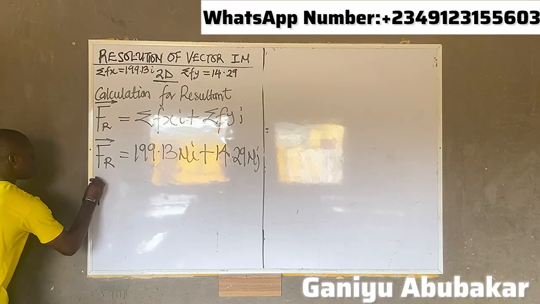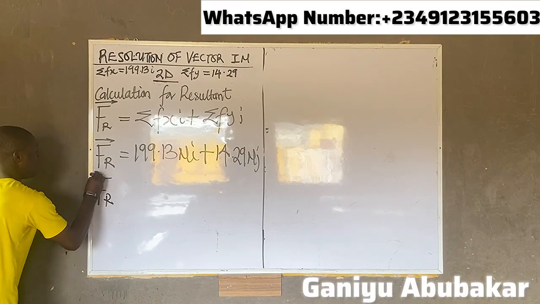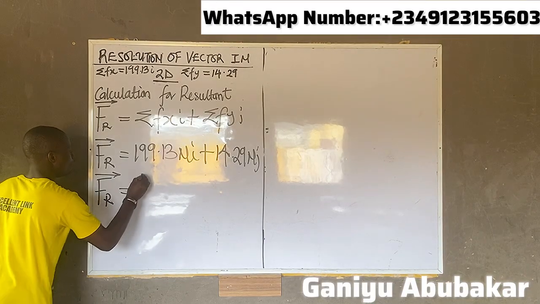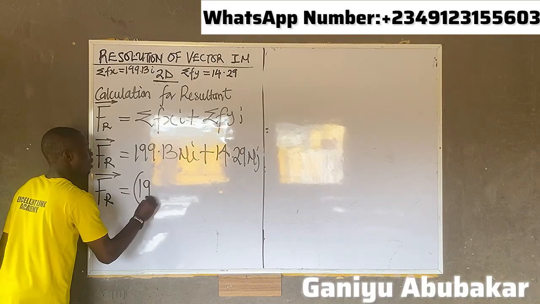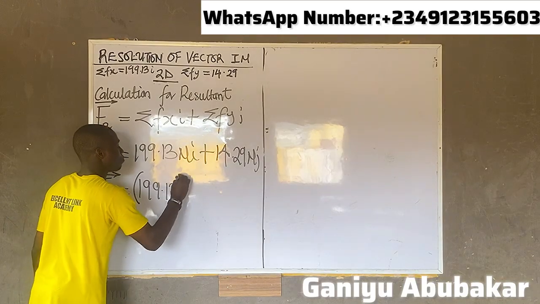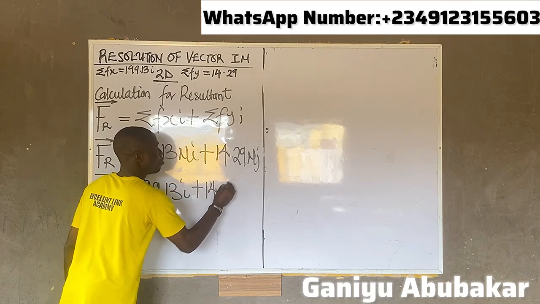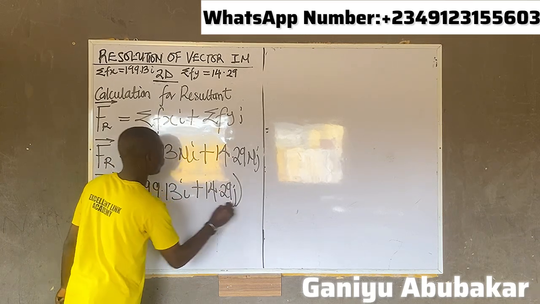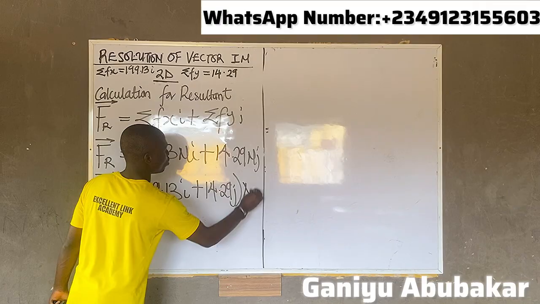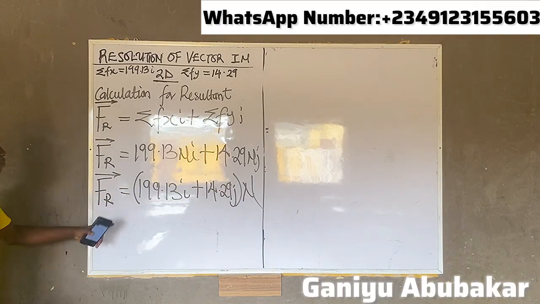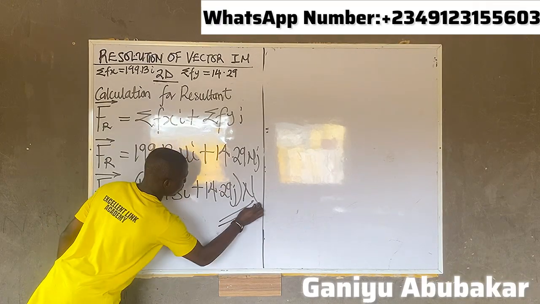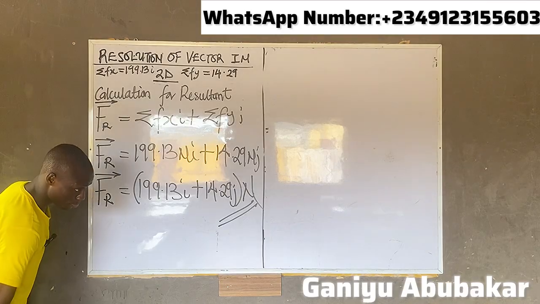It means that my resultant force in vector form will be equal to, in bracket first, 199.13 i plus 14.29 j. Of course, this thing that is common, bring it out this way, Newton. So this is the value for my resultant force.